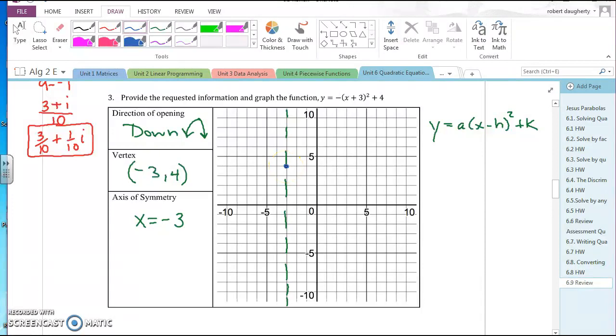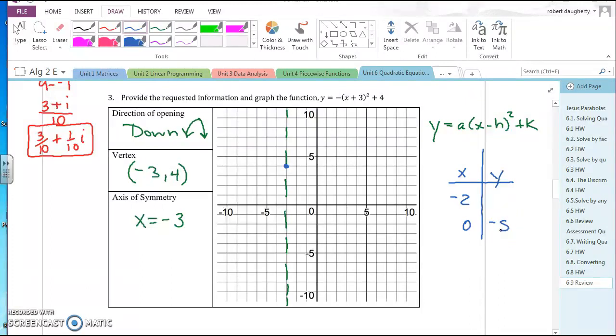And now I just need enough information to accurately graph this. So I'll pick a couple points on either side. So let's figure out what happens at -2 and we'll say 0. So when I plug in a 0, I get 9, that's a -9 plus 4, so -5.